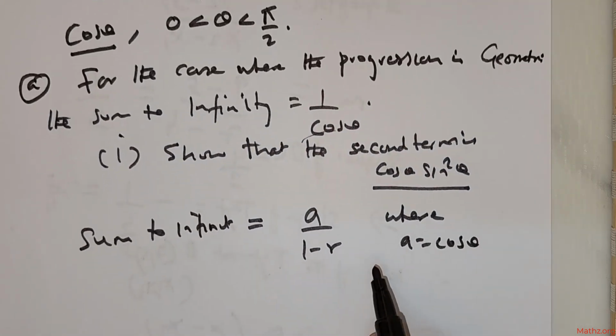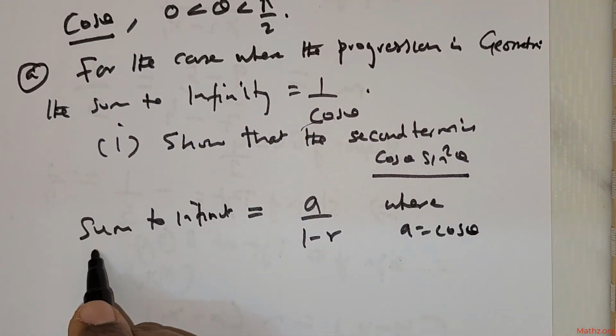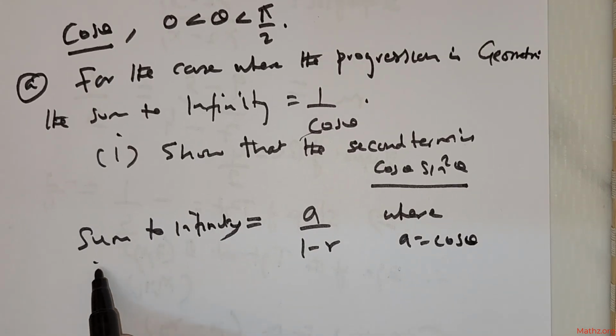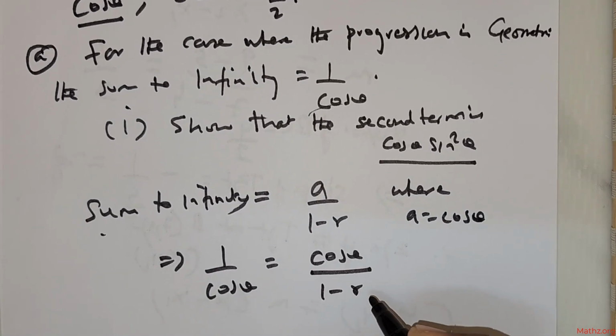Also, sum to infinity is given as 1 over cos theta. So this means 1 over cos theta is equal to cos theta divided by 1 negative r.